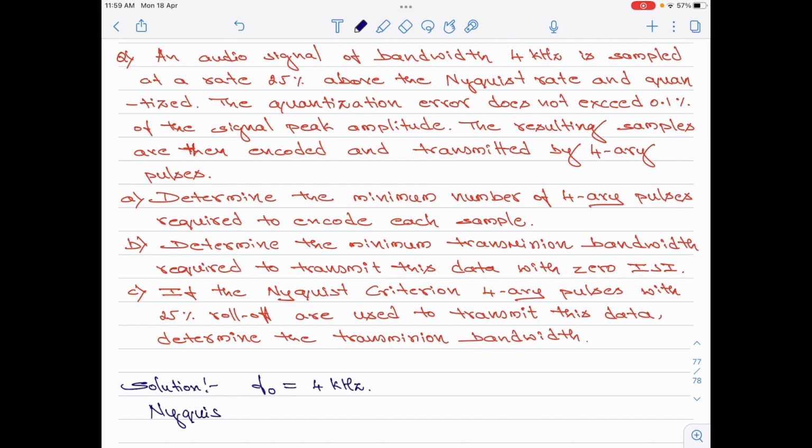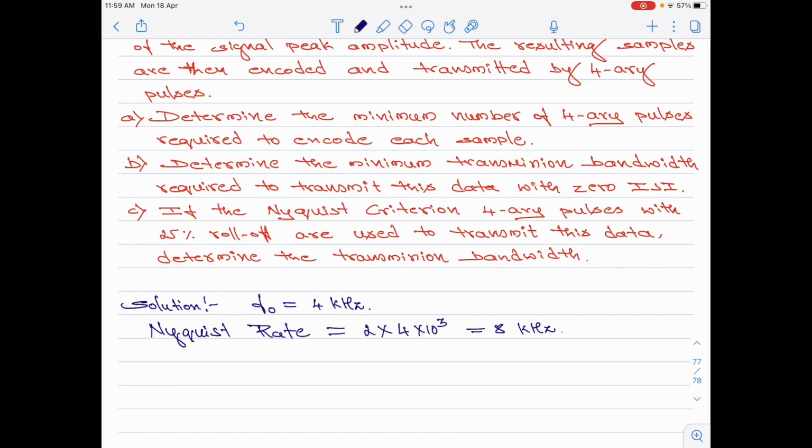We know that Nyquist rate is equal to 2 times the highest frequency component of the signal. So, this is equal to 2 into 4 into 10 power 3, which is 2 multiplied by f0. This is 8 kHz. Therefore, the sampling rate, as we are told in the numerical, is 25% greater than the Nyquist rate.